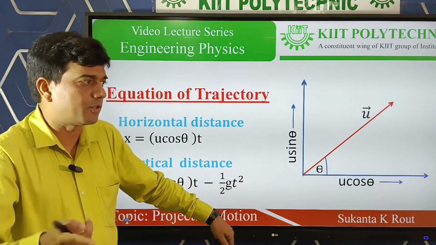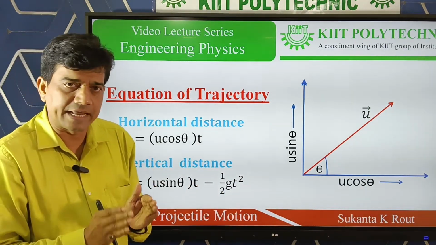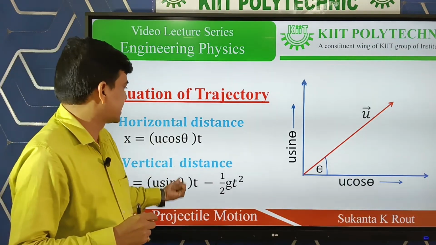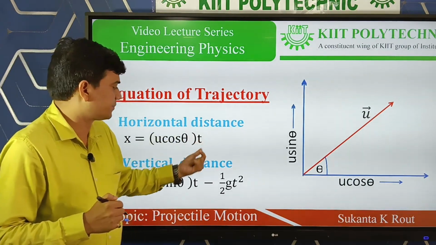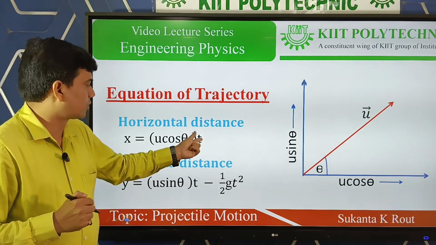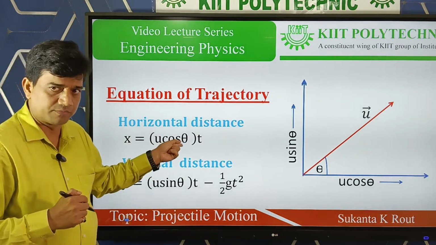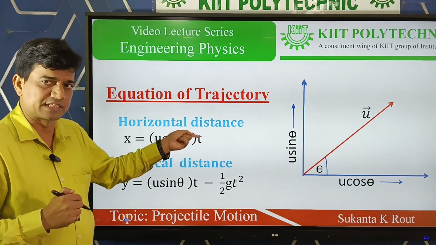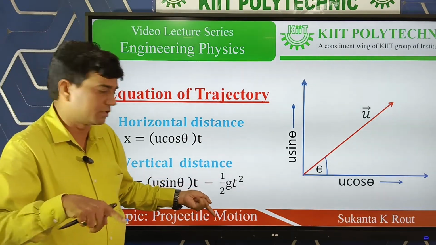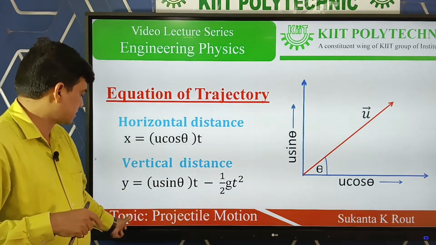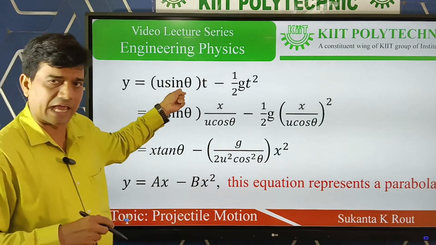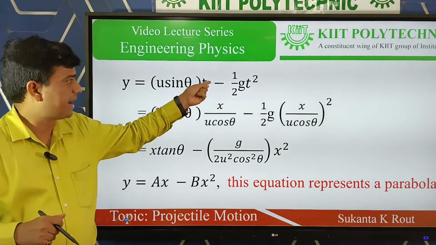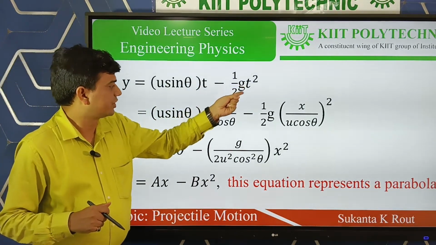So in order to obtain a relation between this vertical distance and horizontal distance, you can put the value of t equal to x by u cos theta in this equation. If I put the value of t in this equation, it will be u sin theta into t minus half g t square.